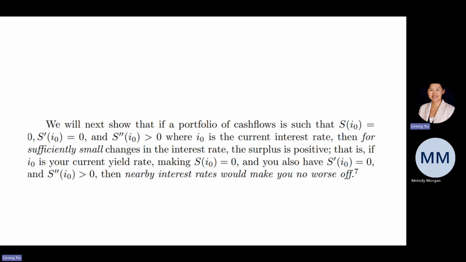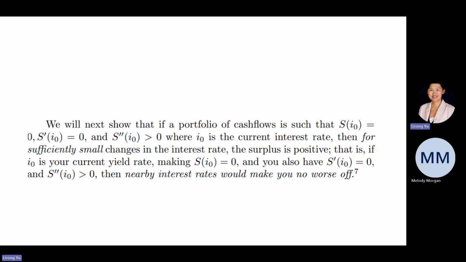So in an area close to i0, if i changes slightly larger or slightly lower, because the function is concave up, you will have a positive S(i) value. That means if the interest rate changes slightly, you are only better off. The total value of your assets will be higher than the total value of your liabilities.